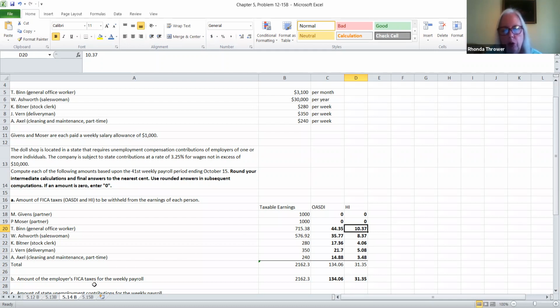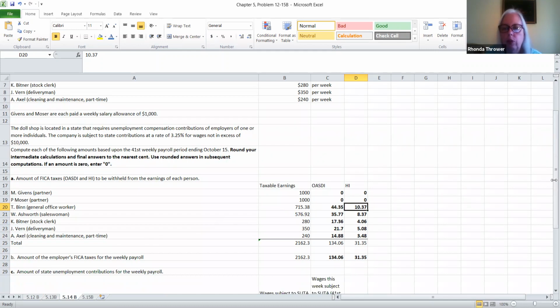Now, the employer, if you'll remember, also has to match what the employee puts in. So what you do is you take all the taxable earnings and total it up, and then you take the total and multiply it by 6.2%, and that will give you the employer's share of FICA taxes.